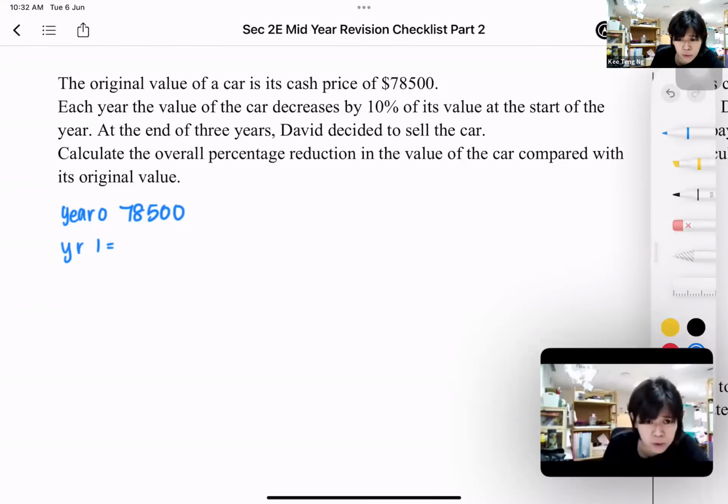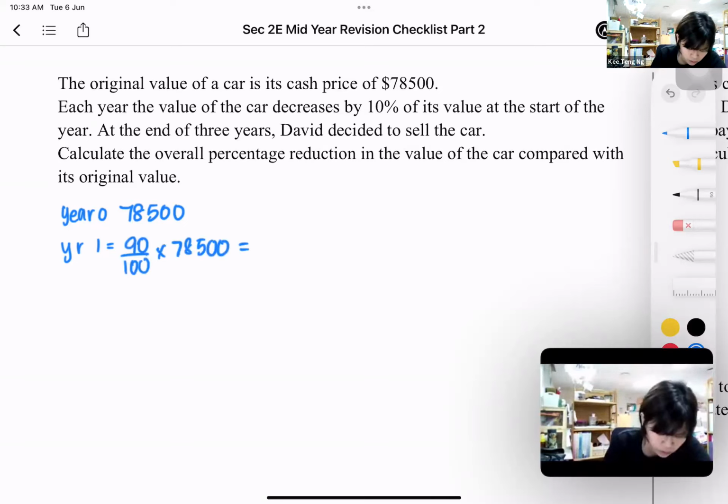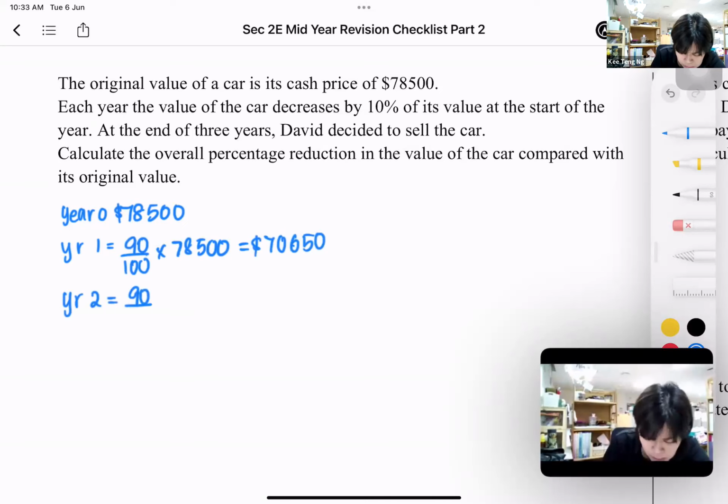So originally 100%, decreased by 10%, I'm left with 90% of 78500. That gives me 70650. But by year 2, I'm dropping 10%, but it's 10% of this new value.